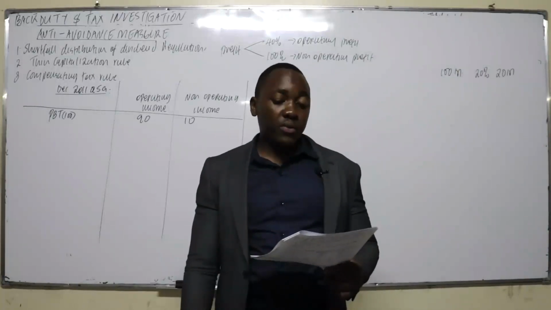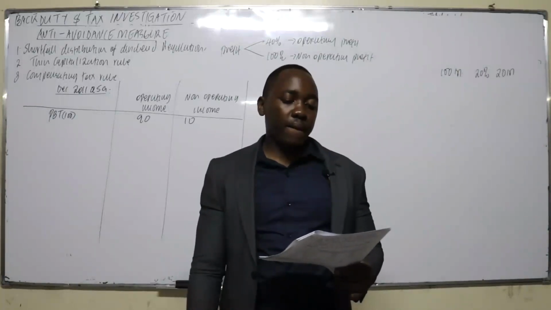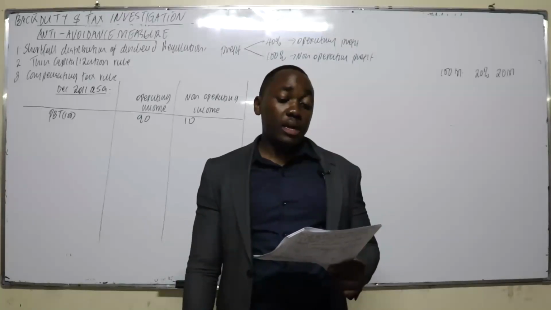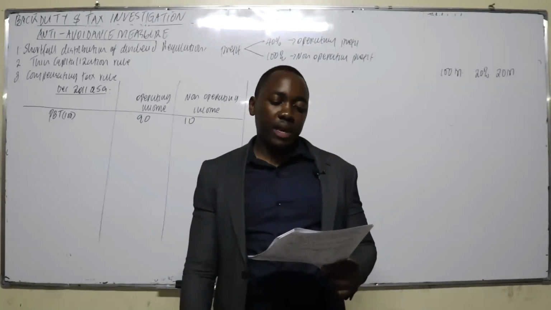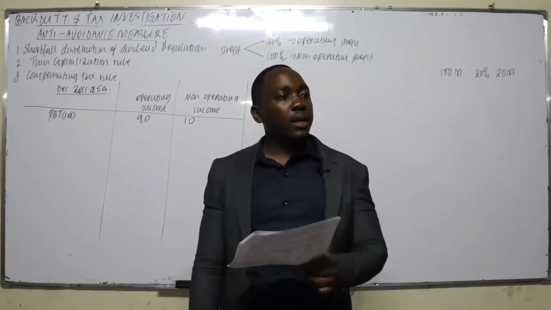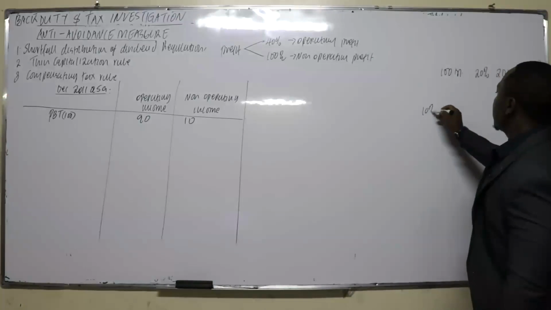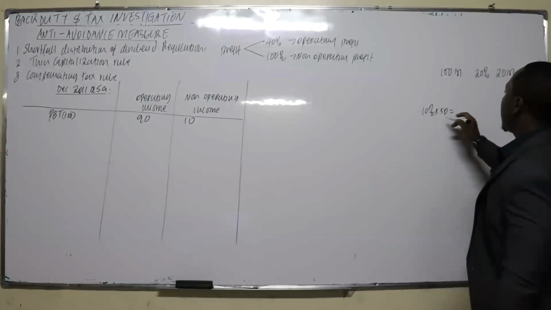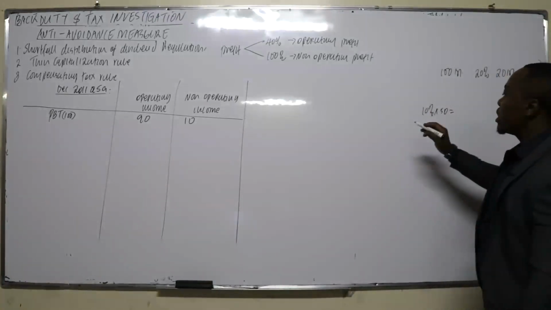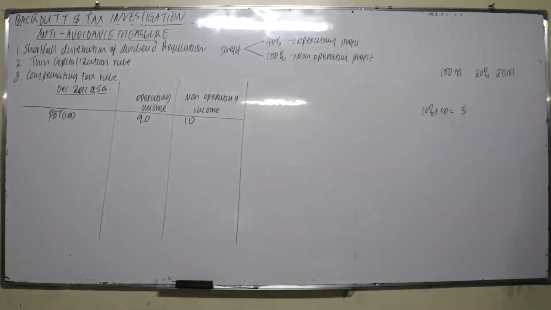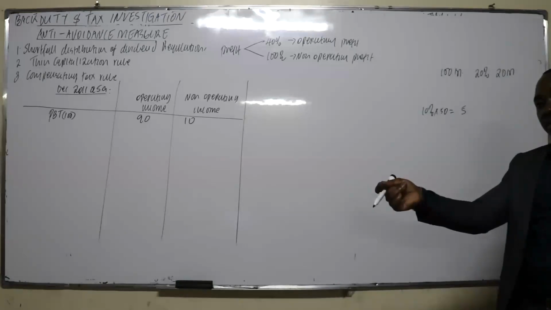Only 40% of the interest on the loan due for the year was charged in determining the profit for the year, being the actual amount paid. So the interest on loan is 10% of 50 million. That means in the income statement they are supposed to claim all the 5 million as allowable expense, but they only charged 40% of it, what they paid.